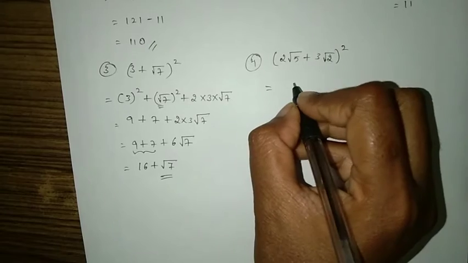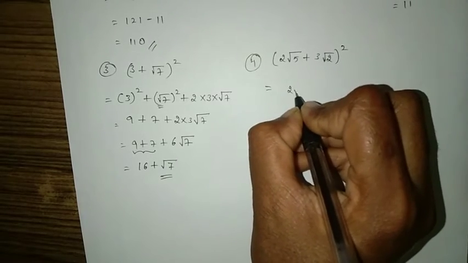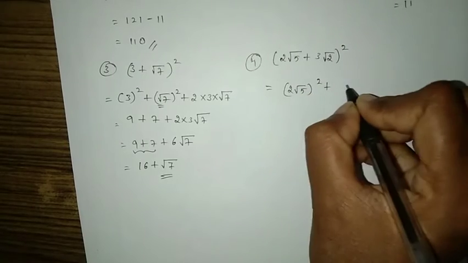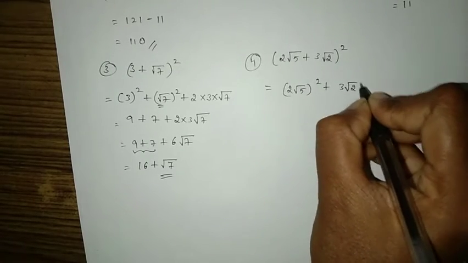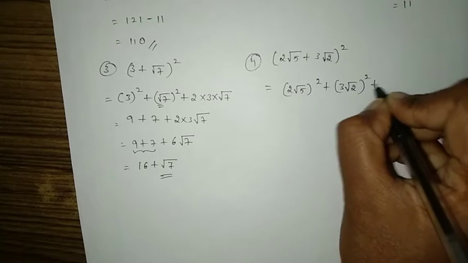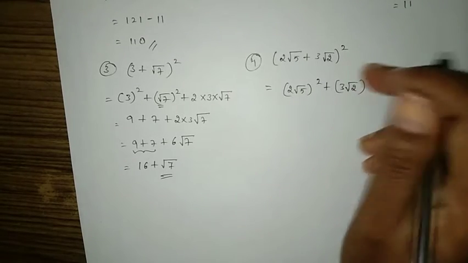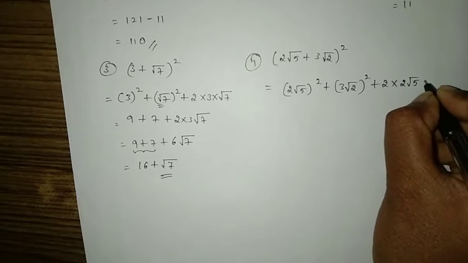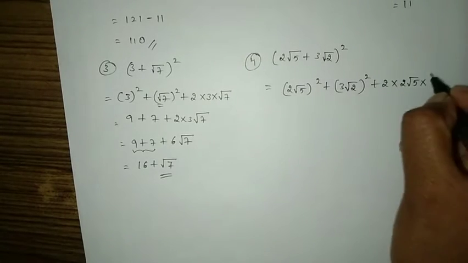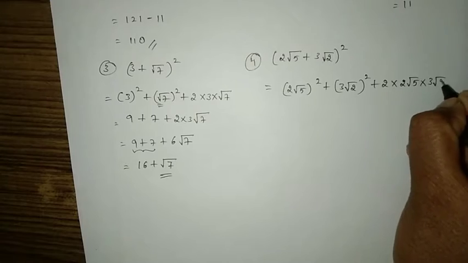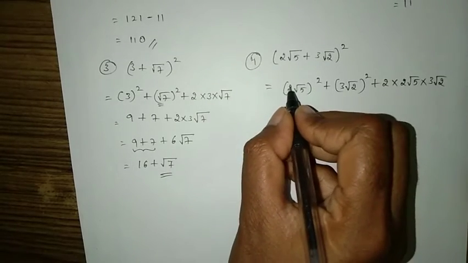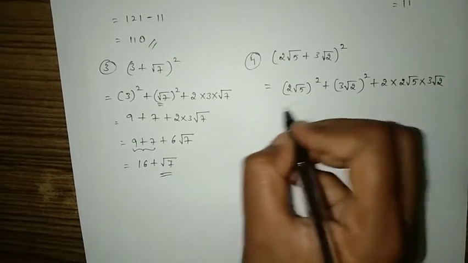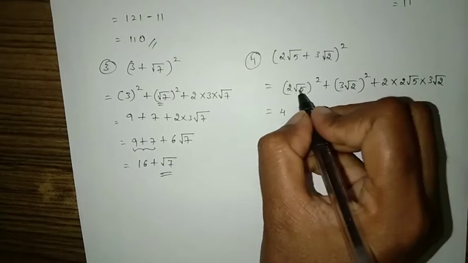So that is a square, 2 root 5 whole square, plus b square, 3 root 2 whole square, plus 2 into a, a means 2 into root 5, into b, that is 3 into root 2. So what does it become? 2 2s are 4.